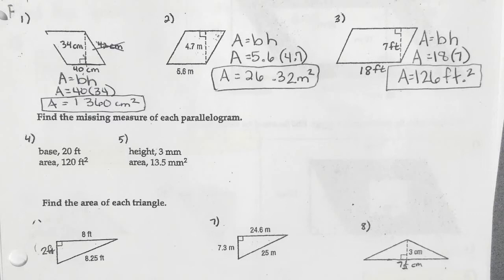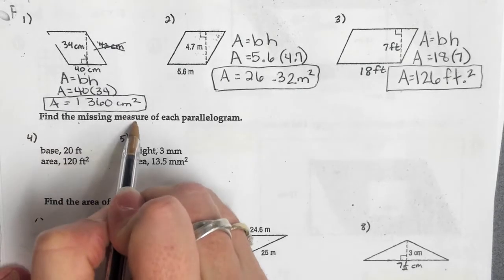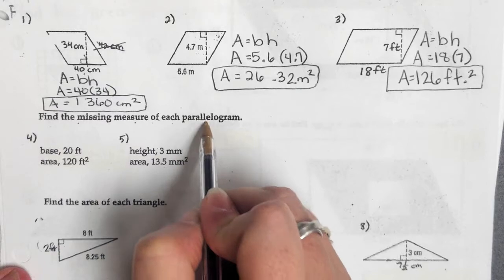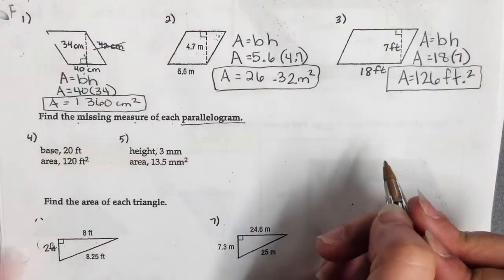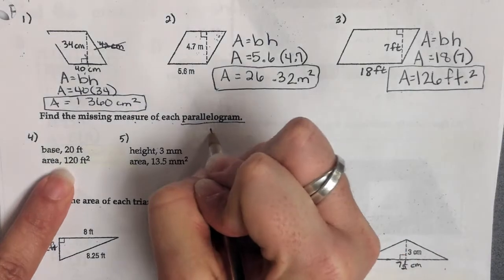Okay. The next part we just talked about on the review, it's that missing shapes thing. Missing side or missing base or missing height, whatever it is. Okay, so look. Find the missing measure of each parallelogram. That is your hint. That means they have an area. So take number 4.